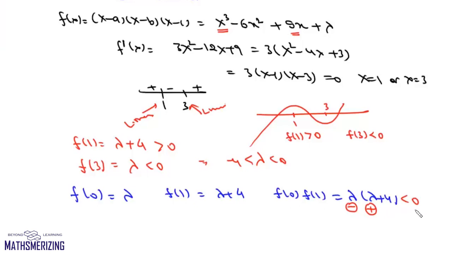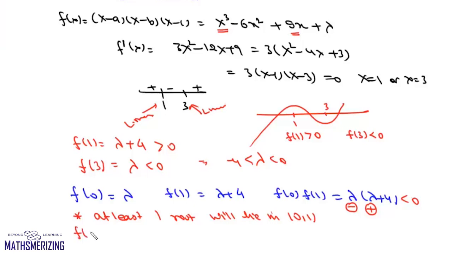Now f(0) into f(1) is less than 0. Since f is a continuous function and f(a) into f(b) is less than 0, that means at least one root of this equation will lie between 0 and 1. So from here we can say at least one root will lie in the interval 0 to 1.